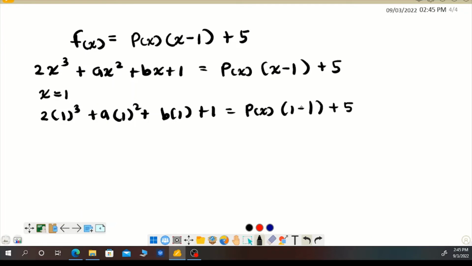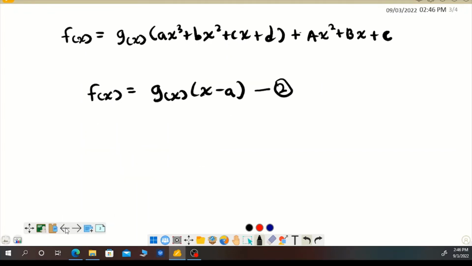Since 1 minus 1 is 0, 0 times p(x) is also 0. So 2 plus a plus b plus 1 equals 5, which leads to a plus b equals 2. This is my first equation.